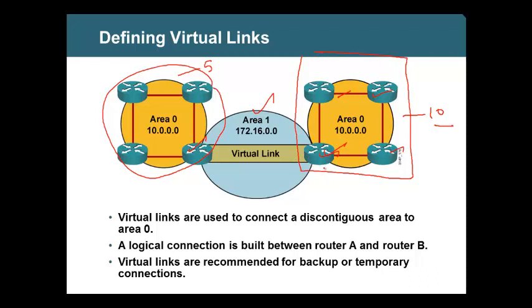Now if you want to connect this area 10 to area 0, you need to dig the ground and lay a fiber, because it's too far now. You cannot depend on an Ethernet wire. You need to put a fiber link, which is going to consume a lot of time.